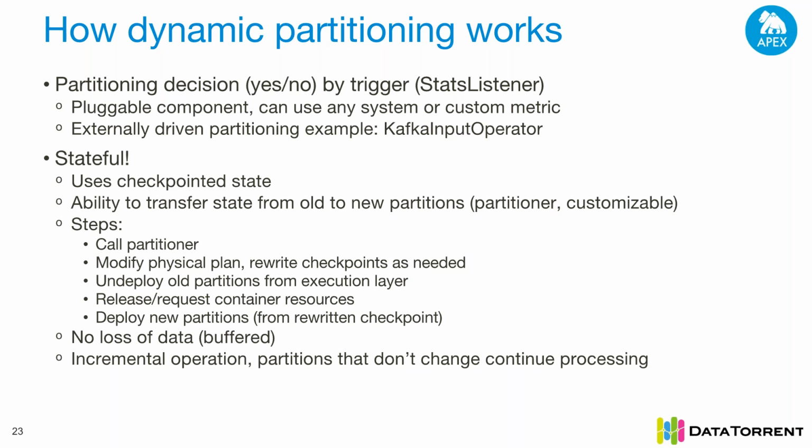Once this is done, the platform will modify the physical plan of your existing application, and it rewrites the checkpoints as per the new partitions. It will undeploy the existing old partitions from the execution layer, ask the resource manager to release the container resources, and deploy the new partitions, starting them from the rewritten checkpoints.